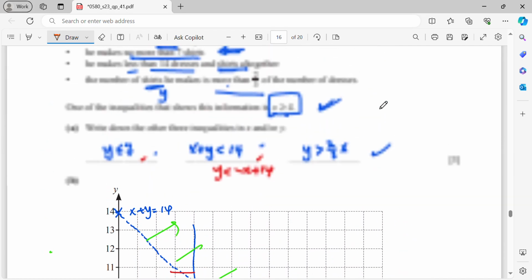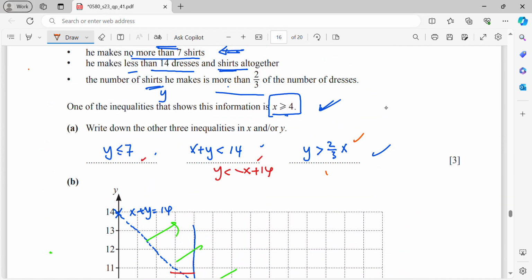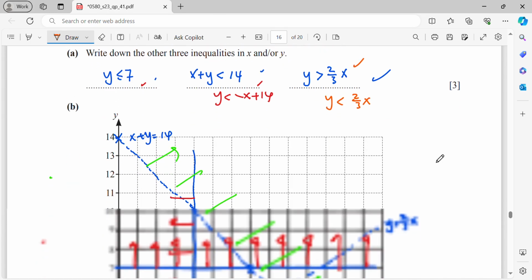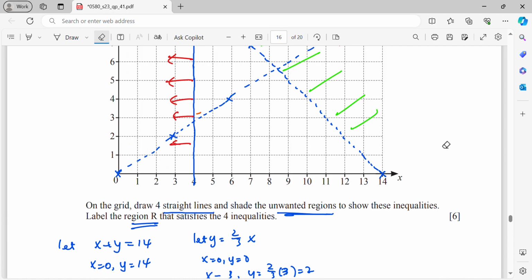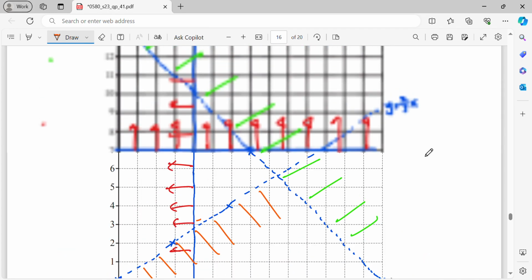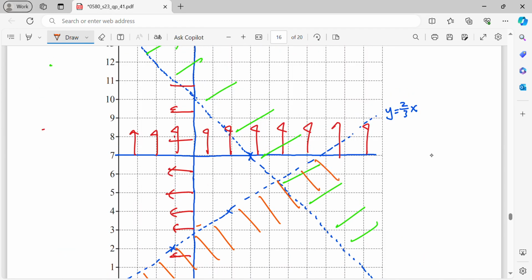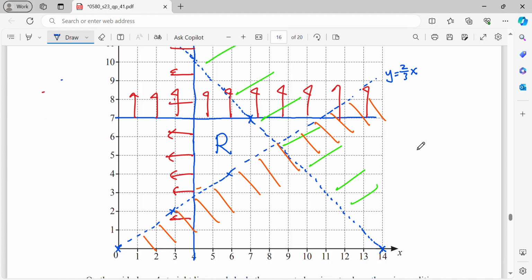You need greater, so the unwanted will be less, because now we are sketching the unwanted. So less than 2 over 3x means it will be below. Alright, so from here, obviously your R is in the middle. So that is your solution of this question.